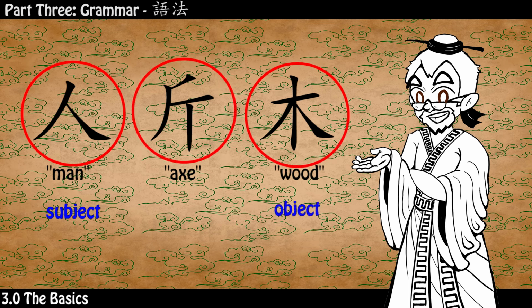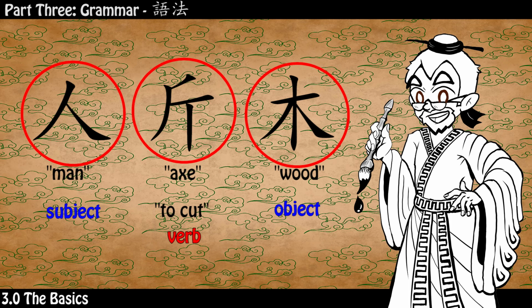Now, 金 would normally mean axe, that is the tool, but with the context we have from the rest of the sentence, the most logical interpretation becomes that it is in fact used as a verb, that is, to cut. Thus, from the limited information we get from this sentence, we can interpret its meaning as something along the lines of a man cuts wood.